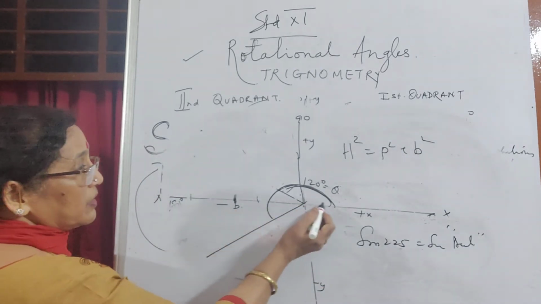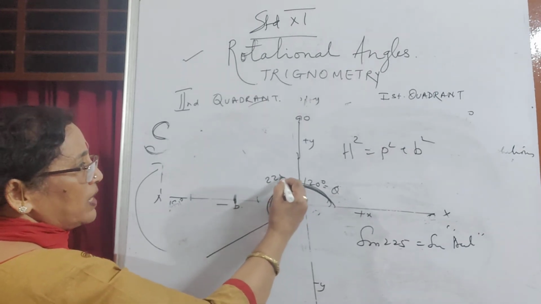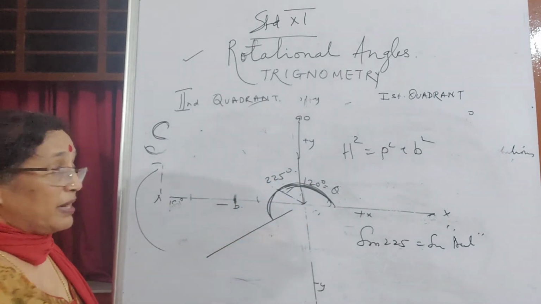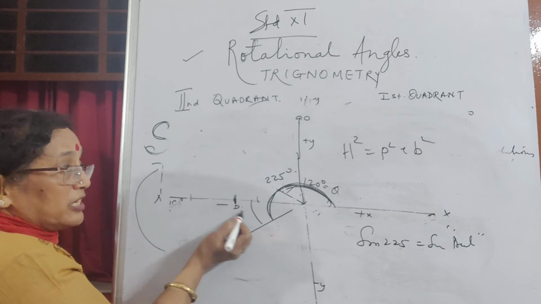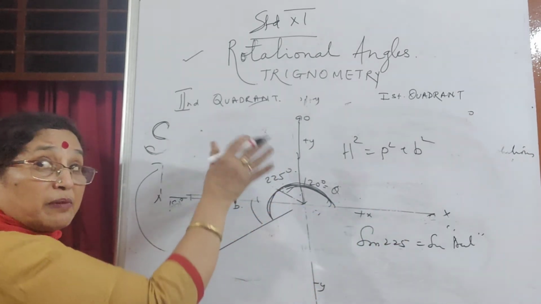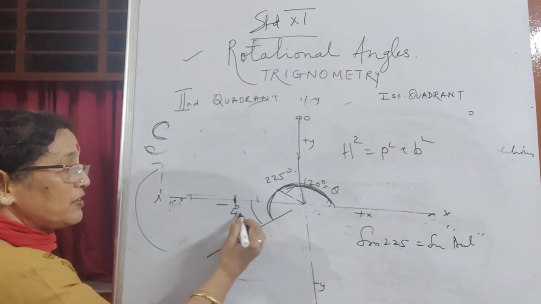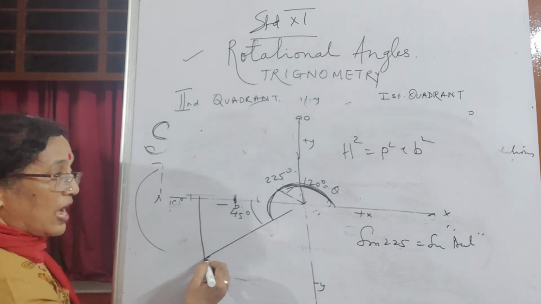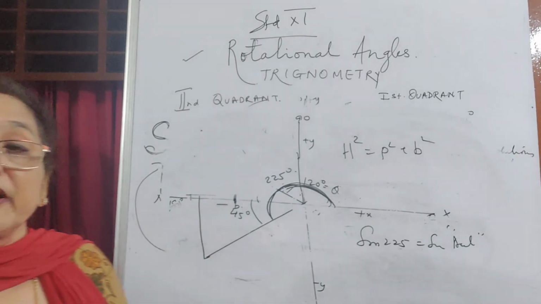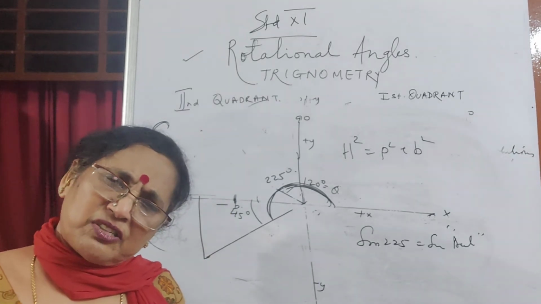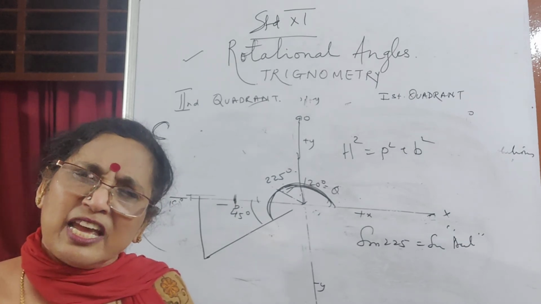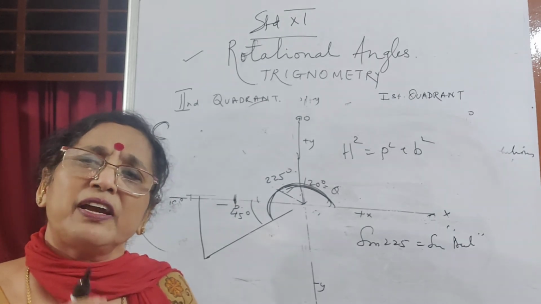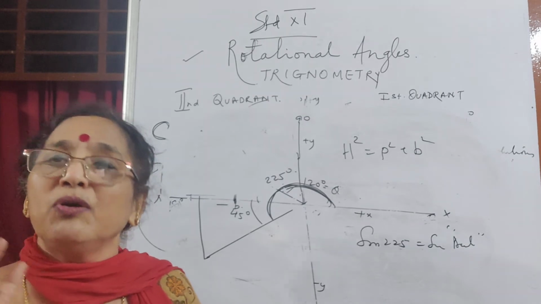So here, 225 is this whole angle. But how much more have you gone? The displacement from this line, whether above or below, is only 45 more. So I will say cos 225, in the same anti-clockwise direction, is the same as going just 45 degrees below the line.